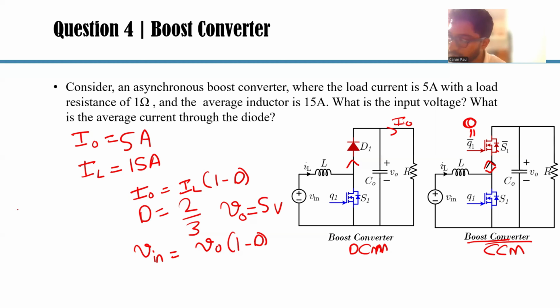Because we know for a boost converter, V output is equal to V in upon 1 minus D. Right? This we know. Just take it this side. So you get V in is equal to V output into 1 minus D. Right? So then what will be my V in then?